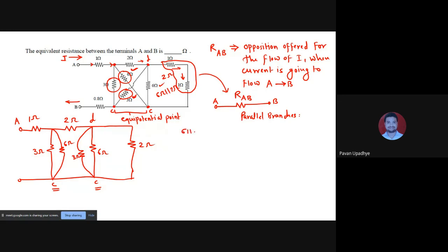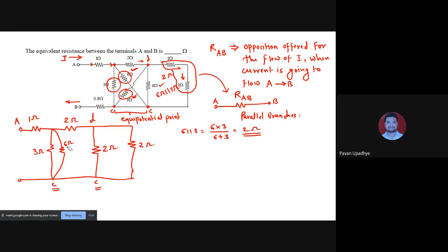So 6 parallel 3, what are the calculations? 6 into 3 divided by 6 plus 3 is equal to 2 ohm. So instead of these two branches between D and C, I can simply have one branch having equivalent resistance of 6 parallel 3, that is 2 ohm.